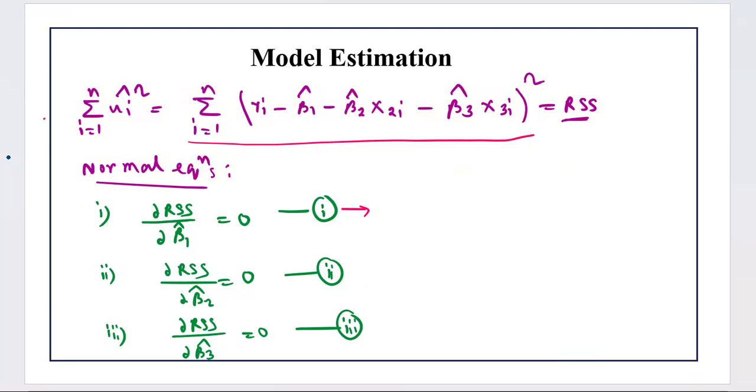And then you have another one, which is from the third normal equation. Here you have one normal equation extra because you have one more parameter. The number of normal equations should be the same as the number of parameters. Here you have beta 1, beta 2, beta 3, 3 parameters, so you have 3 normal equations. Now let's see the third normal equation. Partially differentiate with respect to beta 3. If you do that, what will you get?